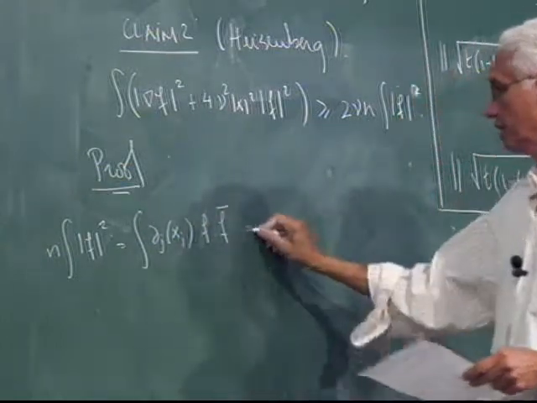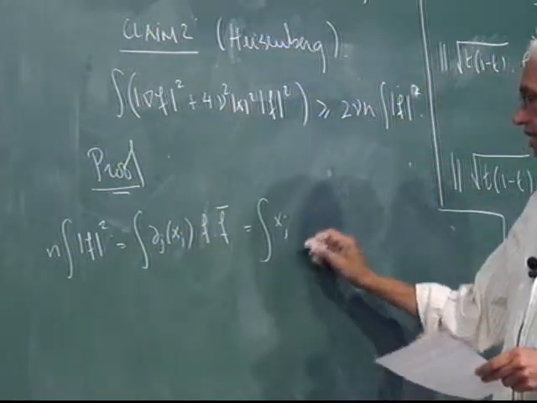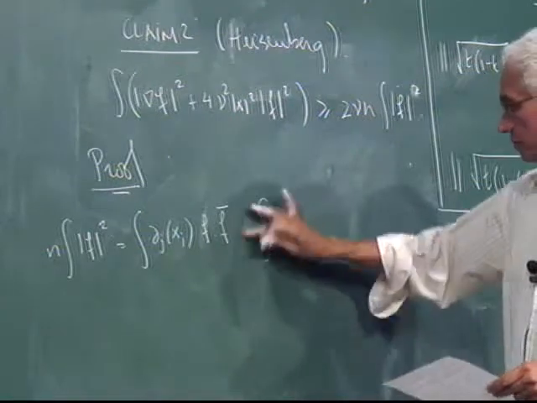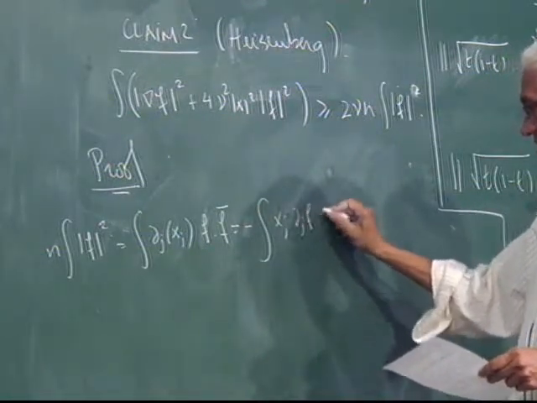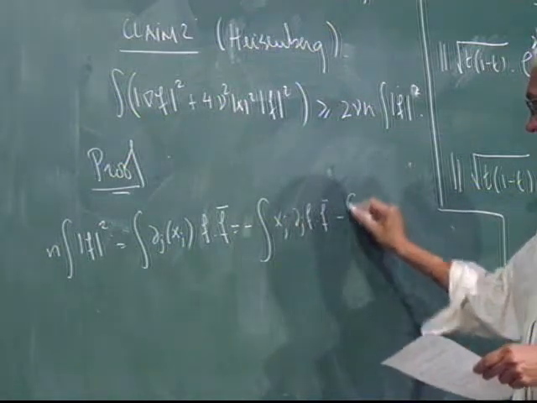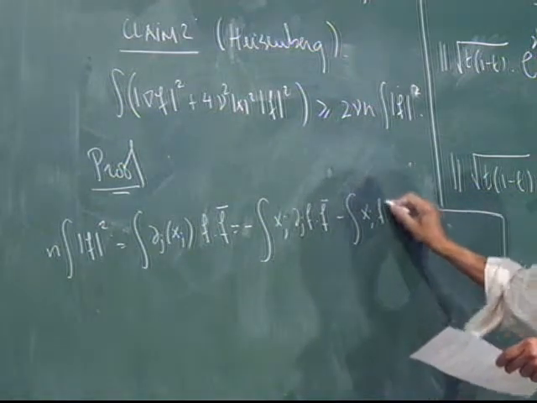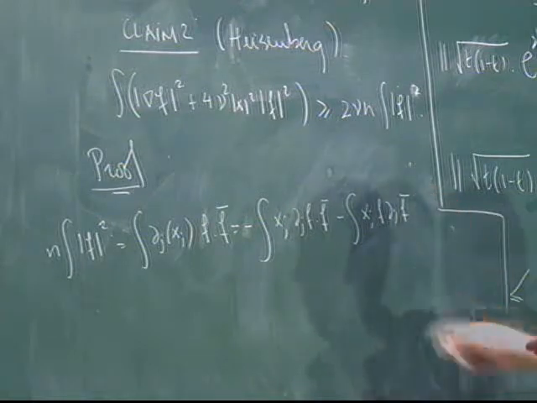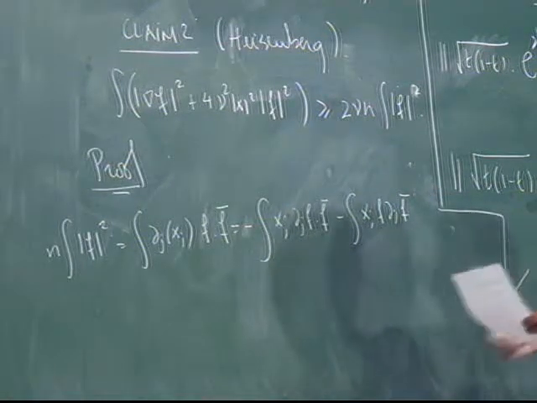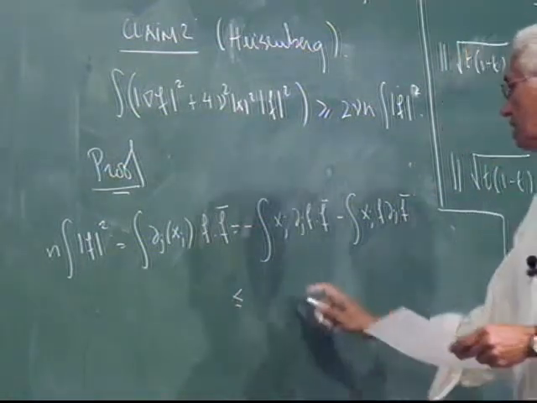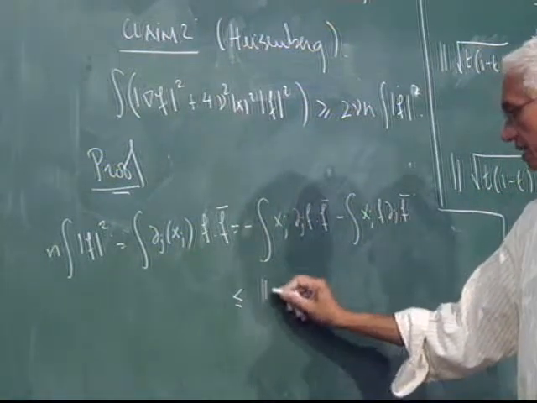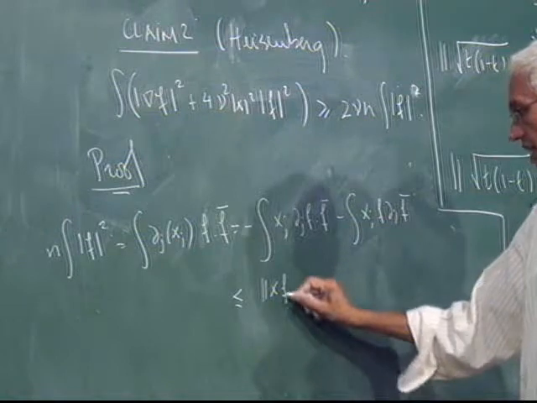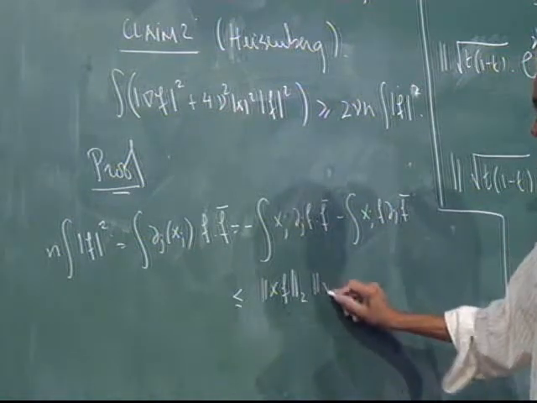If you integrate by parts, this is dj of f conjugate minus xj f dj f conjugate, and this is less than, this is the inner product between x and the gradient, then this is less than the L2 norm of x f times the L2 norm of the gradient of f.